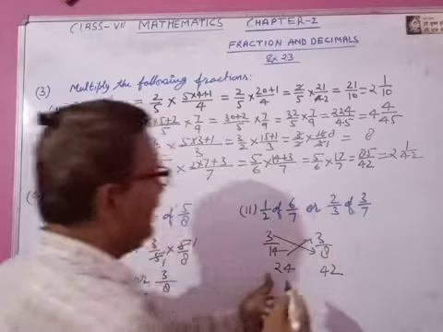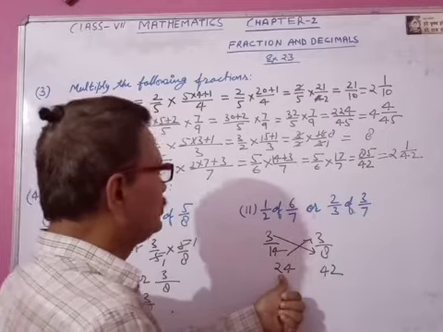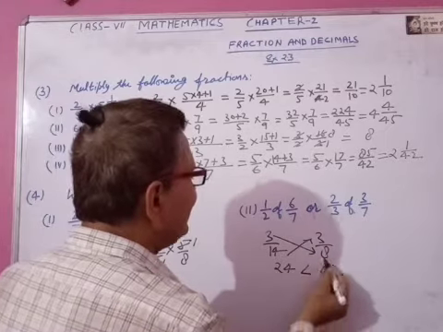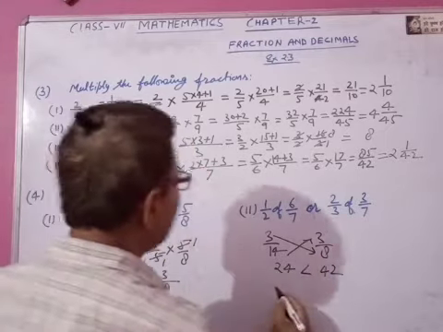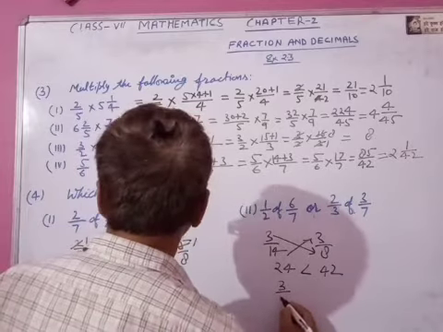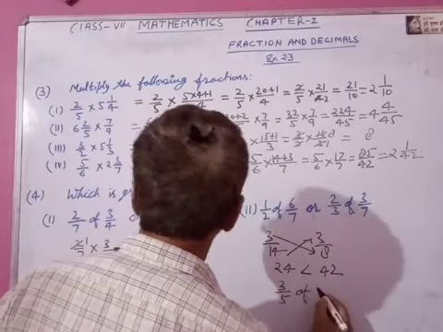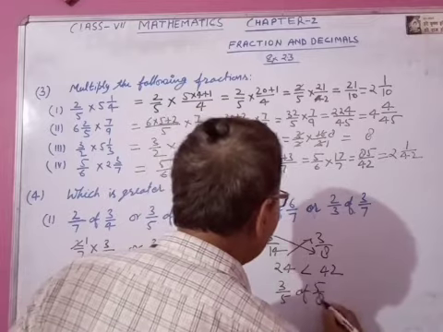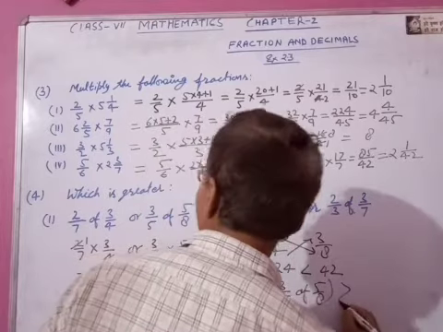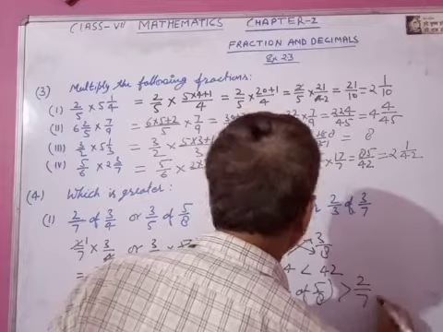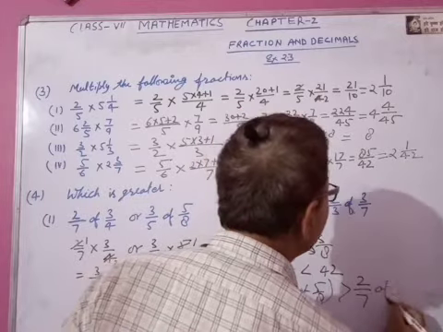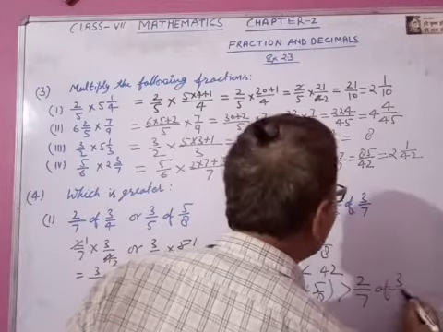Here you are seeing that 42 is greater than 24, so this is greater than this. So 3 upon 5 of 5 upon 8 is greater than 2 upon 7 of 3 upon 4.